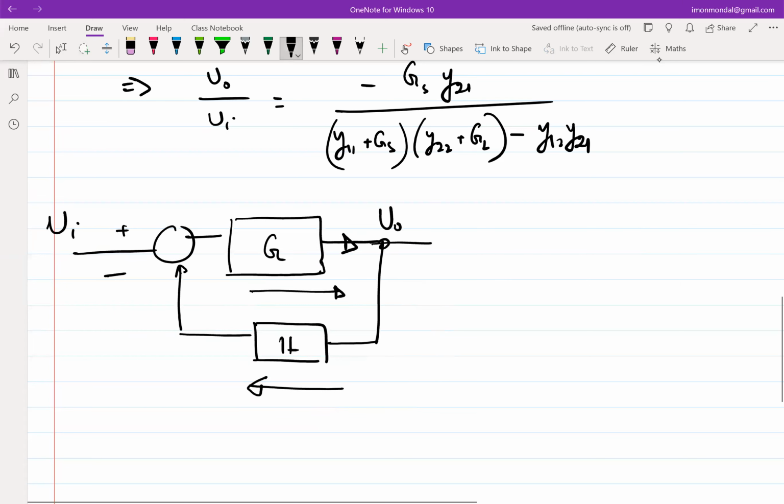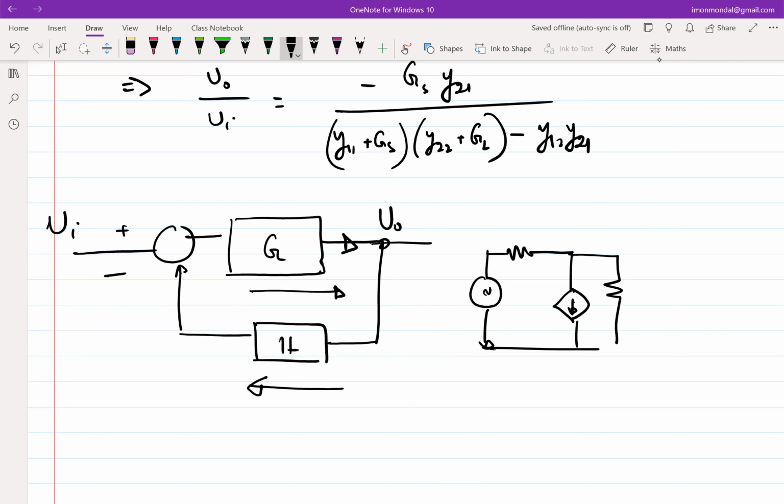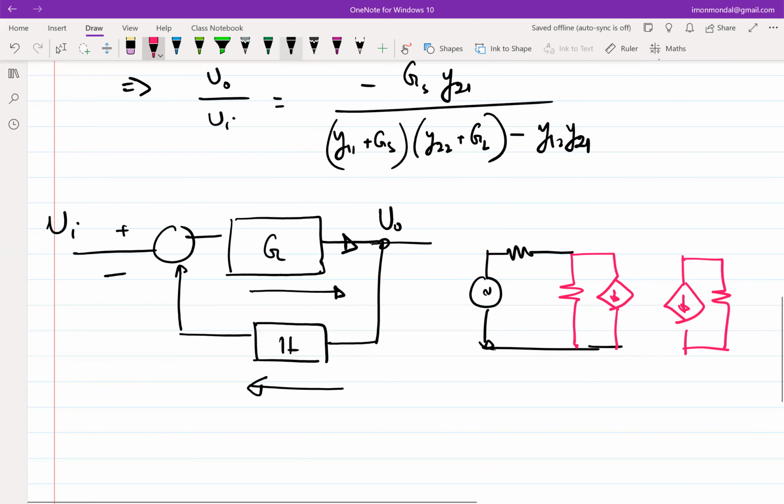The reason I'm making this distinction is, if I go back and check our incremental two-port network, so this was GS.